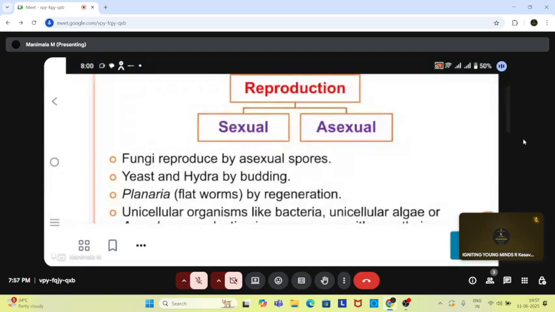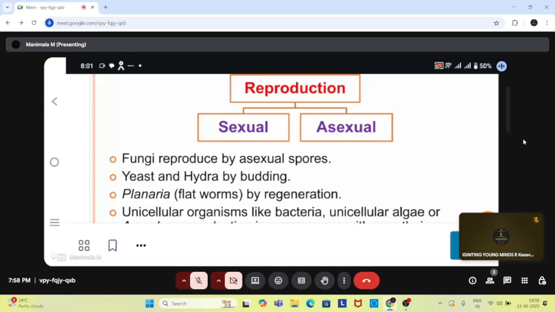In living organisms, there are two types of reproduction: sexual reproduction and asexual reproduction. When two sexes are involved, it is called sexual reproduction. Two gametes, male and female gametes, are involved here.